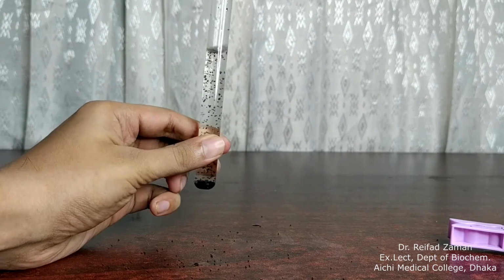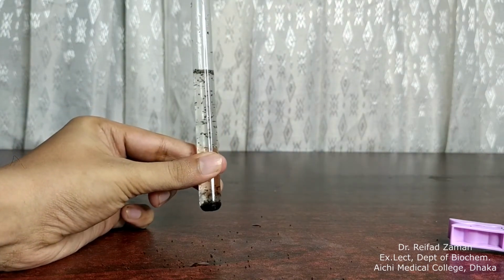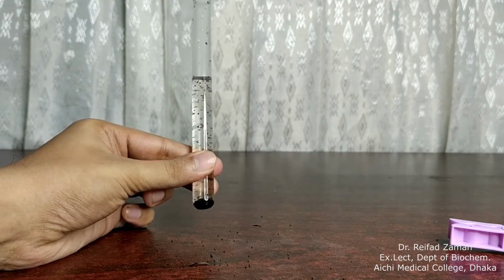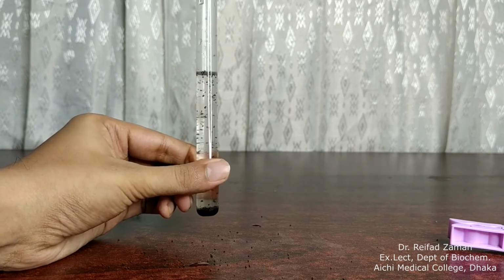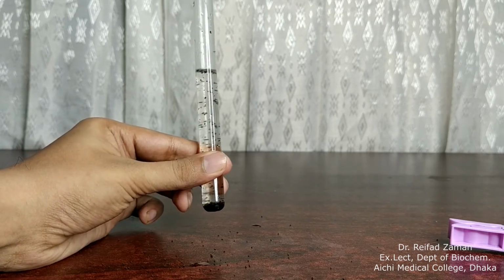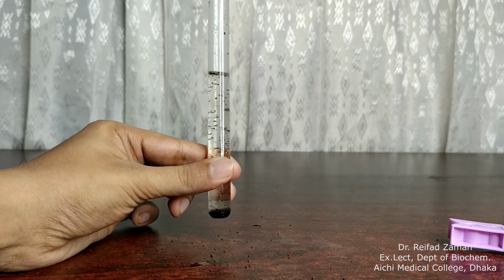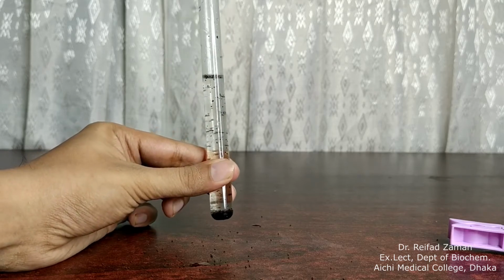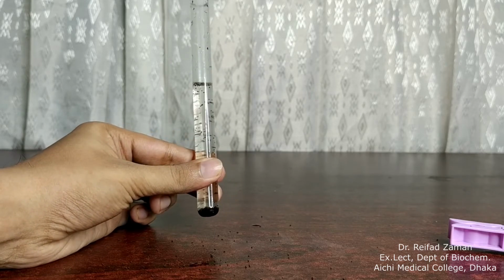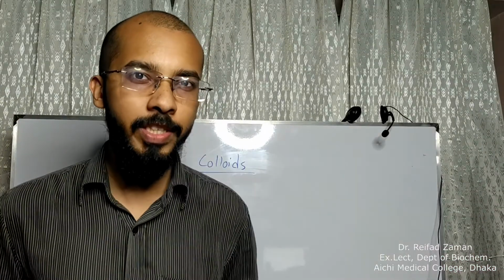So let's see what happens. Absolutely nothing. আমি যদি 1 ঘন্টা ধরে এটা মিক্স করার চেষ্টা করি, it's not going to mix. tea এর জায়গায় and water এর জায়গায়. This is suspension. Now let's come to colloids.